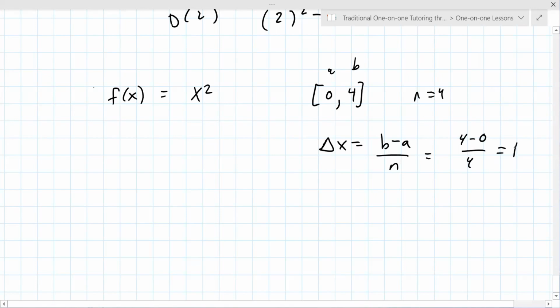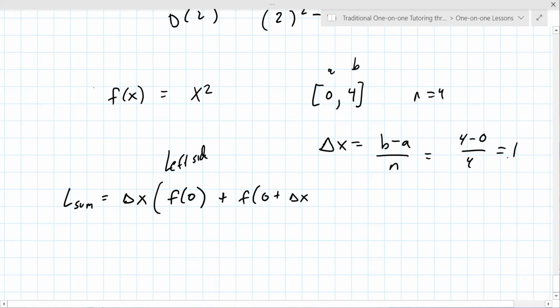All right. So now your left sum is delta x, but you start at the left side. And you look at this window here from 0 to 4, and you want to find f of 0. That's your leftmost endpoint. But then you want to find 0 plus delta x.